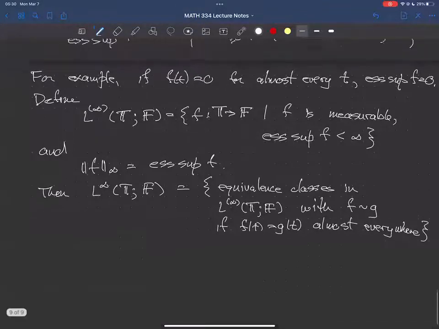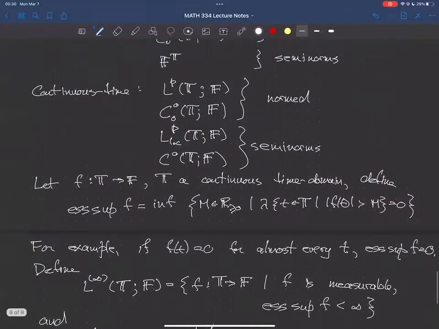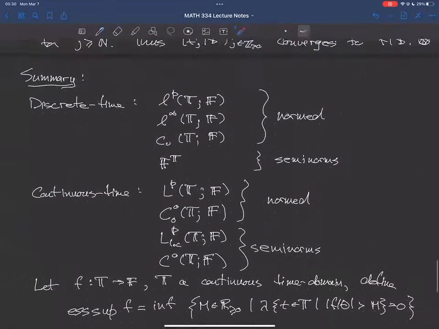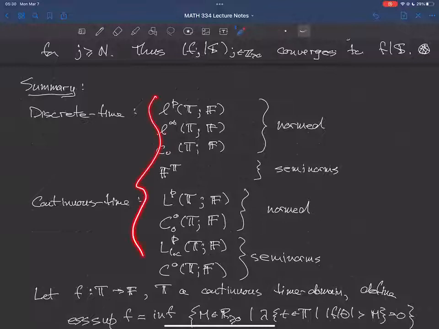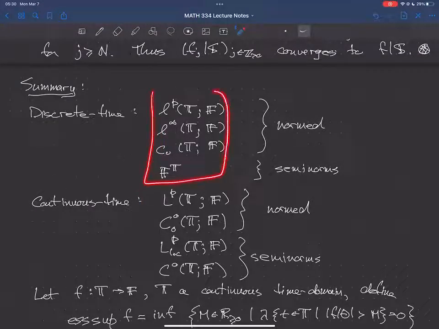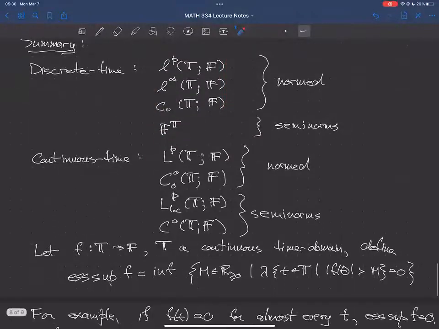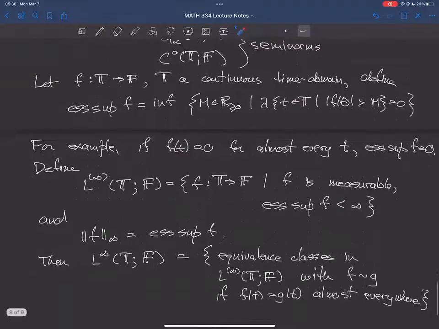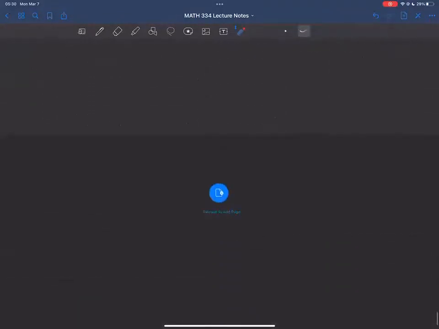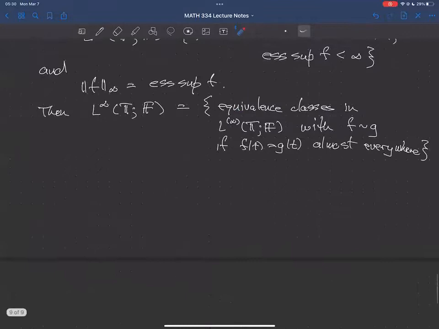All right, so that rounds out one missing part of the picture. The other part of the picture that I should clarify is the relationship between these various spaces in the continuous time case.